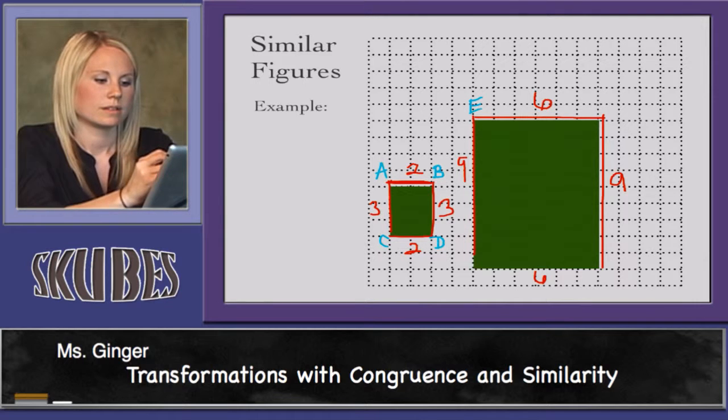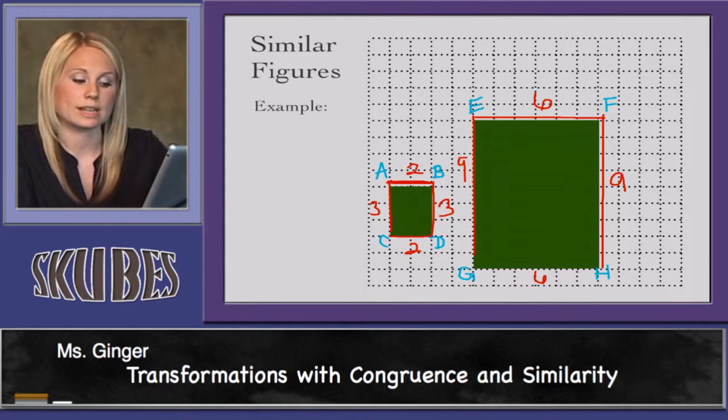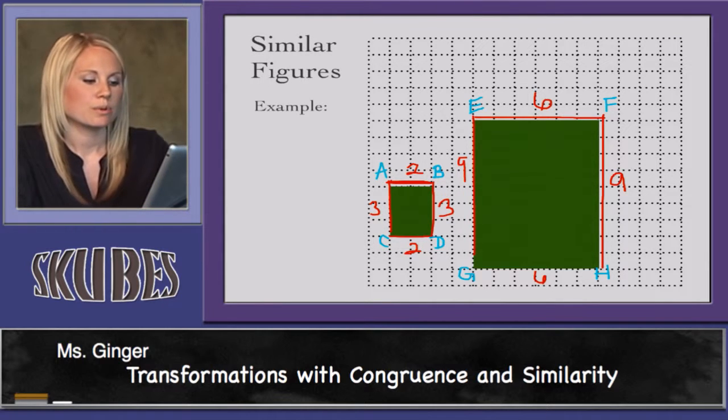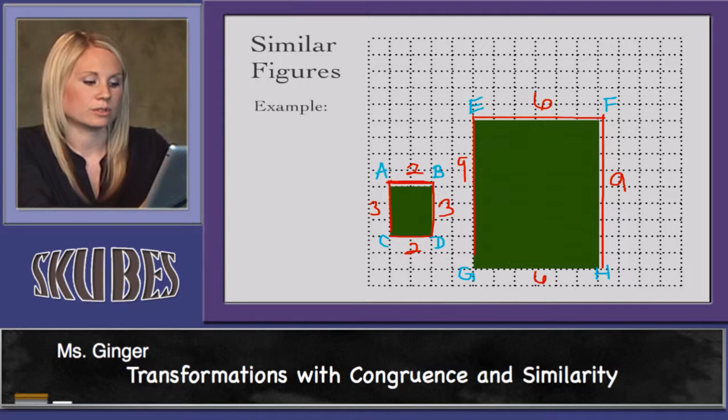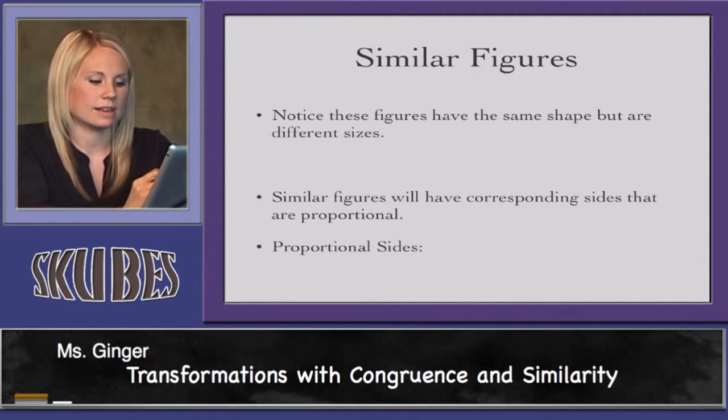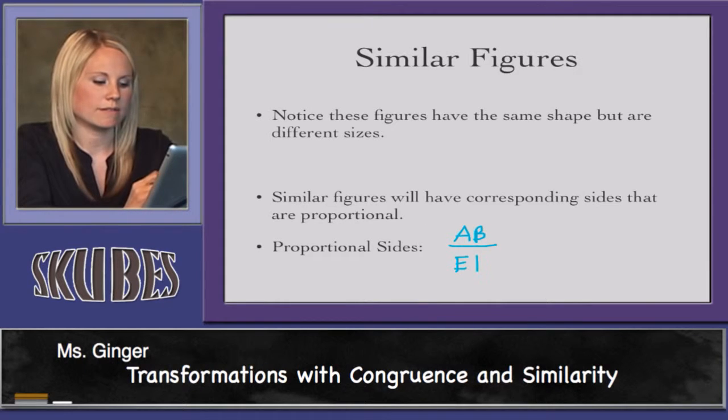So let's call our small rectangle ABCD and our large one EFGH. So remember our corresponding sides here. We had the top related to the top of our second rectangle, so that's AB was proportional to EF. So let's list that in. Side AB proportional to EF.